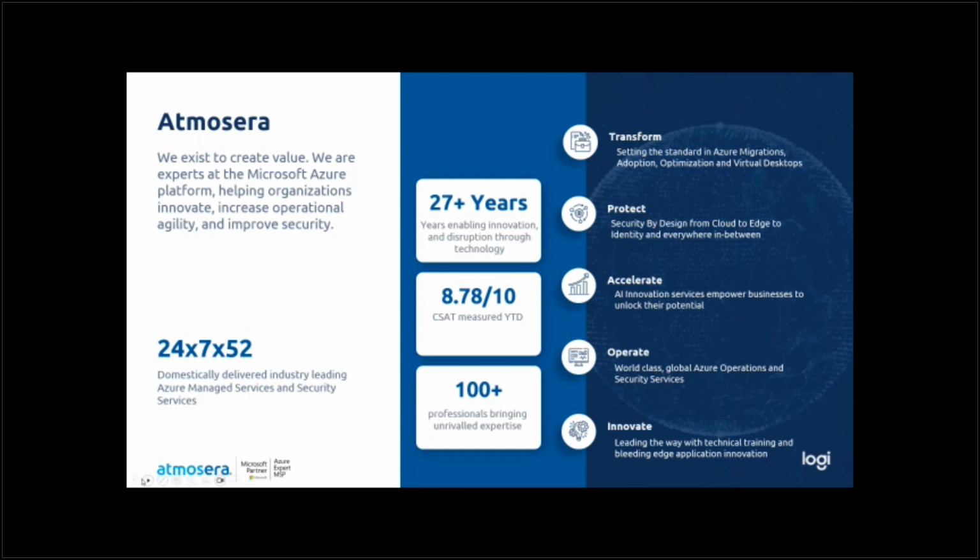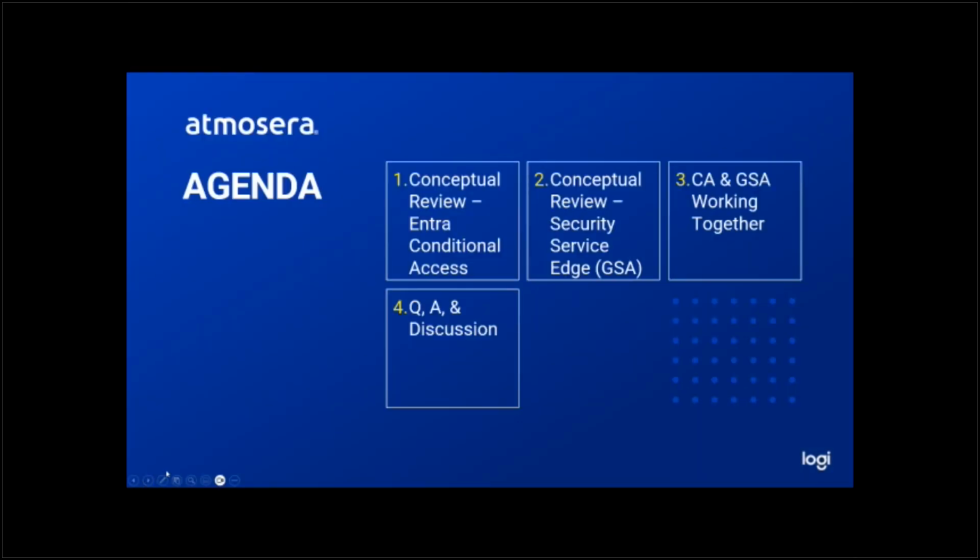So that said, here is the plan. I don't want to make any assumptions about the background that people are coming to this with. So as much as I would like to say, hey, everybody should know about conditional access at this point, I think we can't assume that. So I want to do a basic conceptual review of Entra conditional access, then do a bit of a review on the security service edge and the global secure access capabilities that we now have.